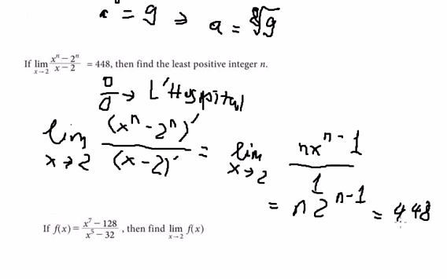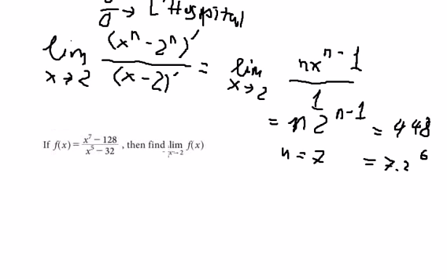And we know that 448 we can write like this: 7 multiplied by 2 to the power of 6. So if you look carefully at this one, you can see that n equals 7.